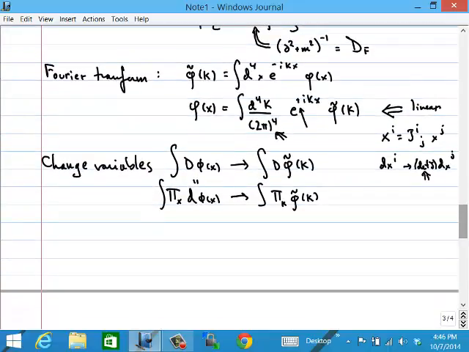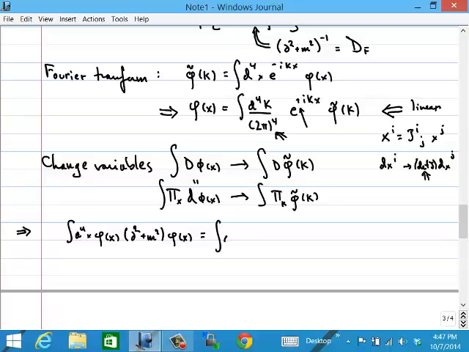So what we now need to do is figure out what the action is in these Fourier transformed variables. Well, that's straightforward enough. I'll just take this expression for phi and plug it into my expression here for the action.